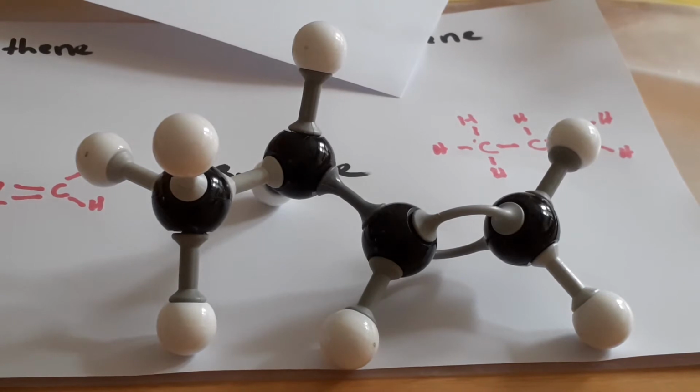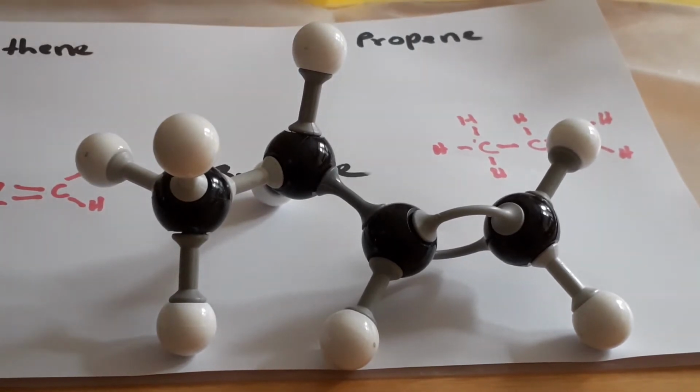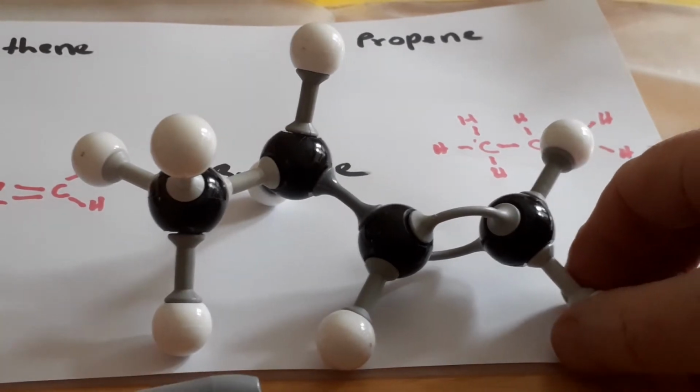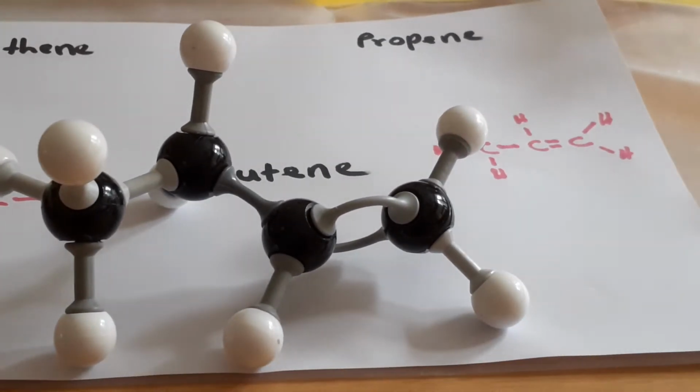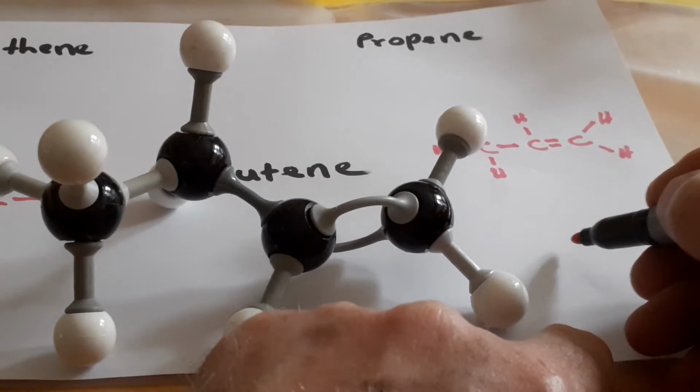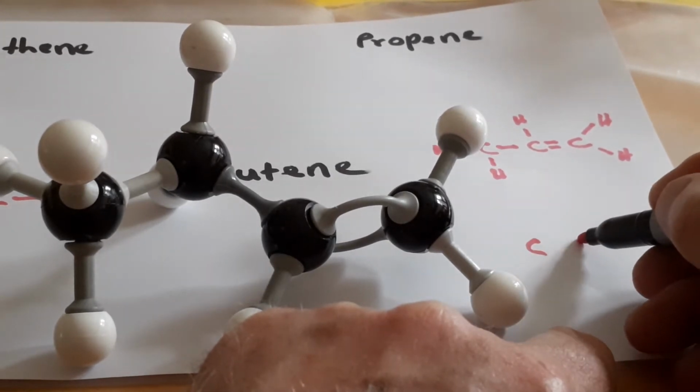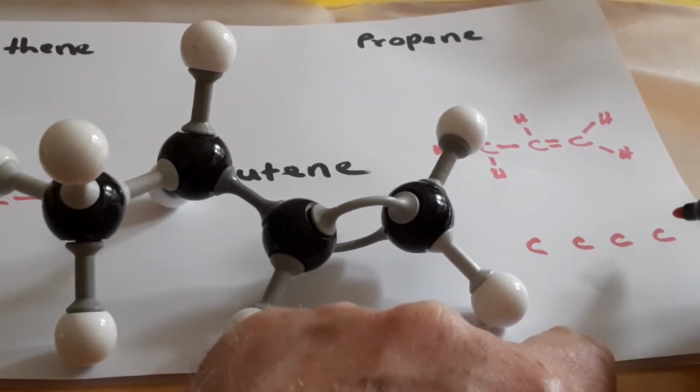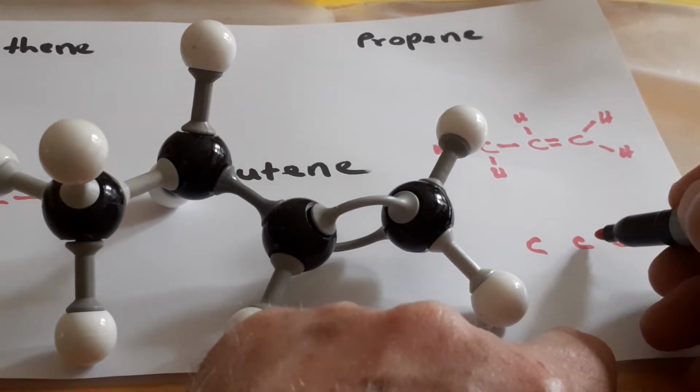Here's butene. Again, we've got the double bond there. And the functional group for the alkenes is the double bond. So the formula for butene, let me just move it to the side a bit. So put our 4 carbons, 1, 2, 3, 4. We've got the double bond at the end here.